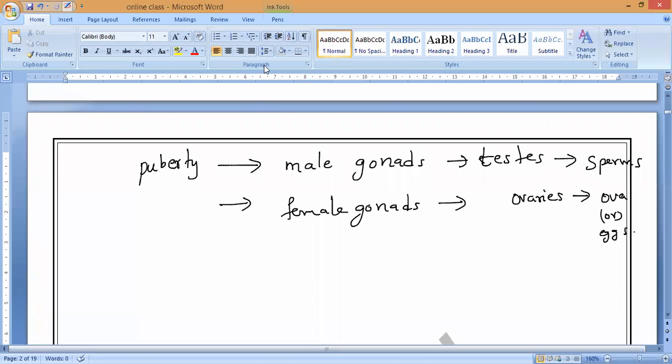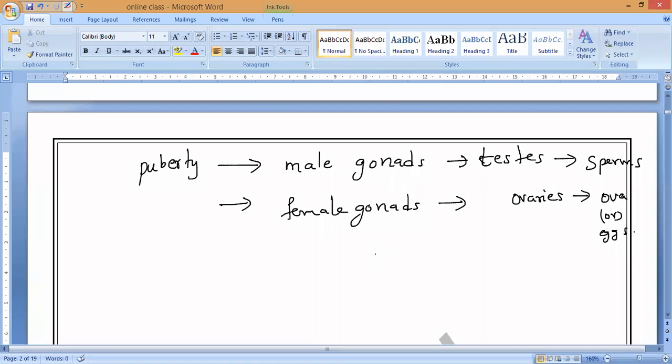Gametes and gonads are different names. The testes are the male gonads and the ovaries are the female gonads. The producing cells, the reproductive cells, we call sex cells: sperms and eggs. These are called gametes, also sex cells.